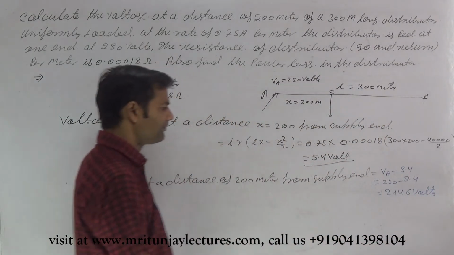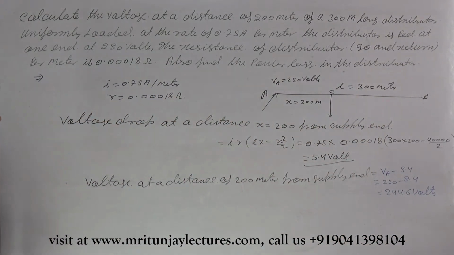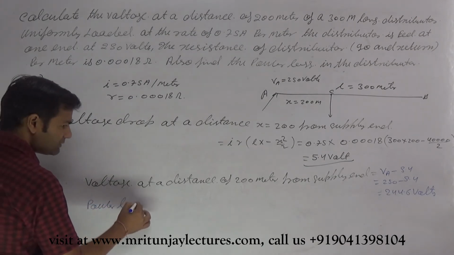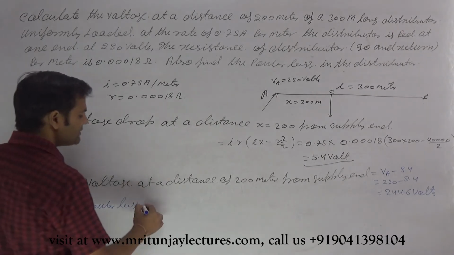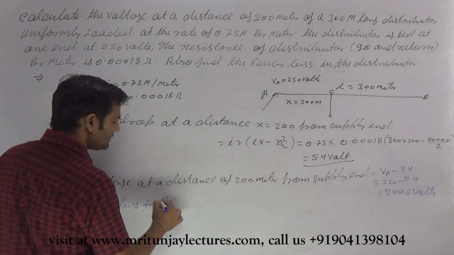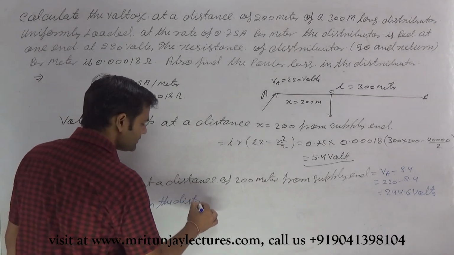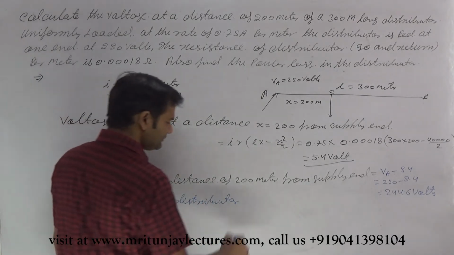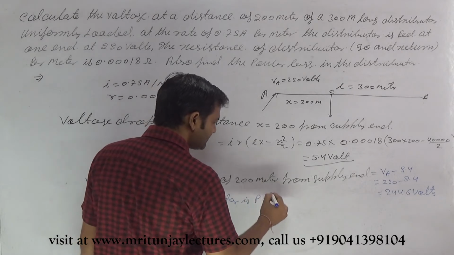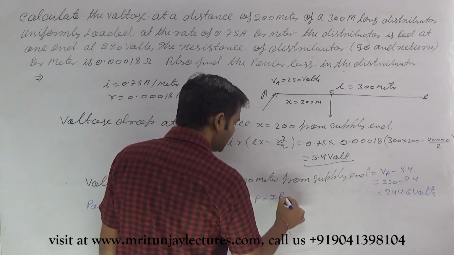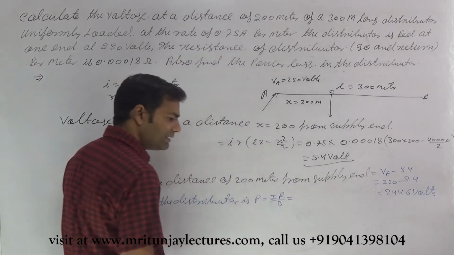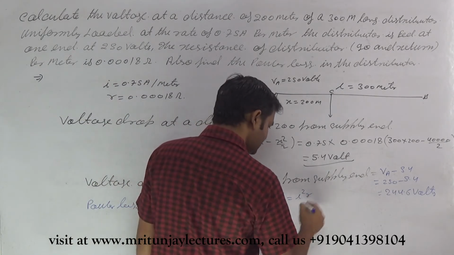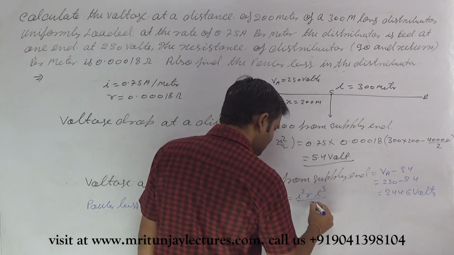Now next one, our motto: power loss in the distributor is, I know that P this equal to I capital R by 3, or you can say that it is written as I square R into L cube divided by 3.